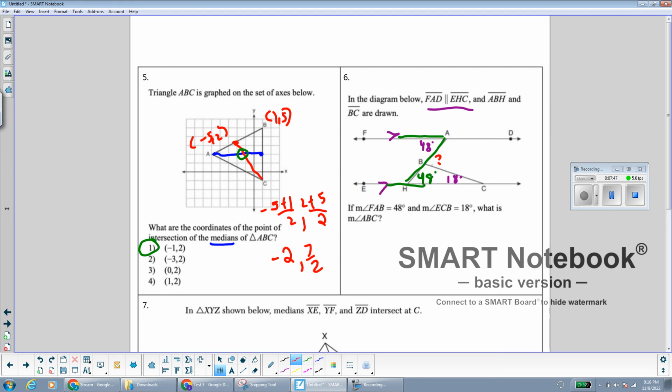That's 114. Now this angle and the one next to it form a linear pair. They're supplementary. So to find the angle that we're looking for, angle ABC, I'm going to do 180 minus 114. And I get that it is 66 degrees.